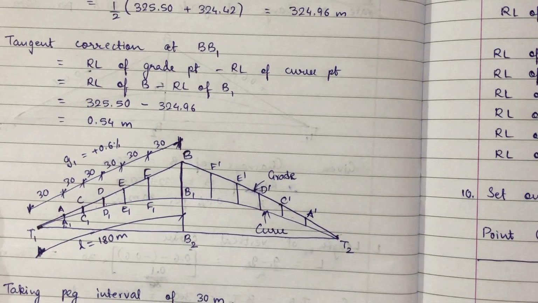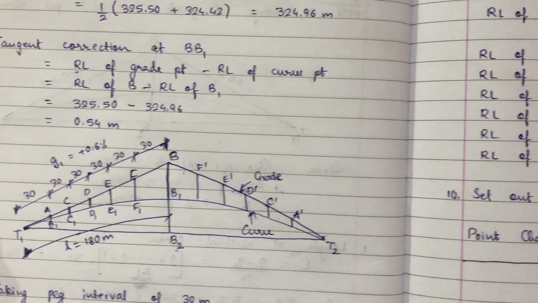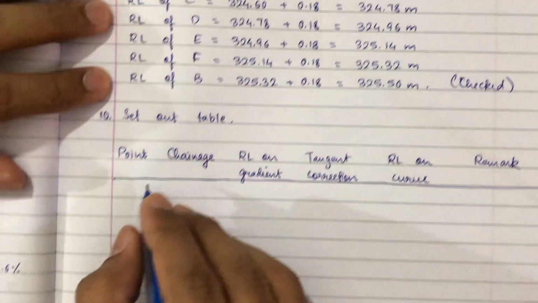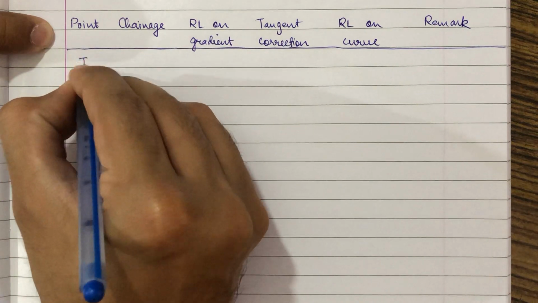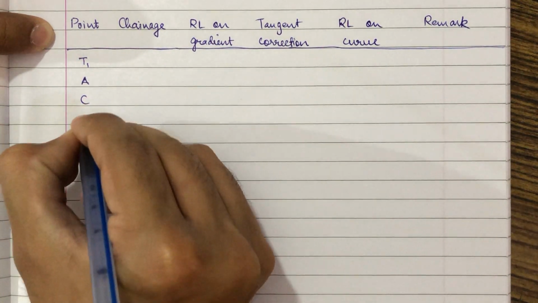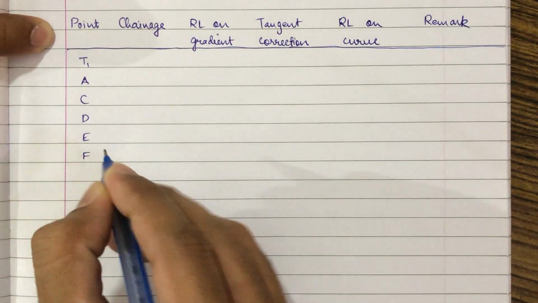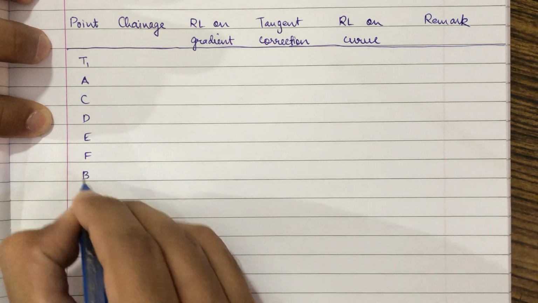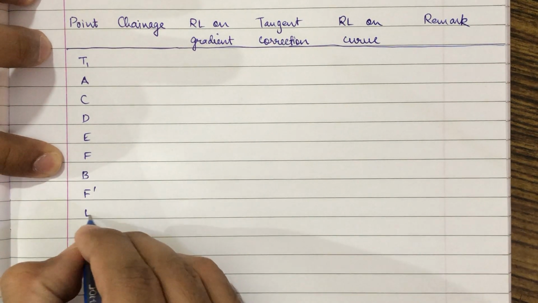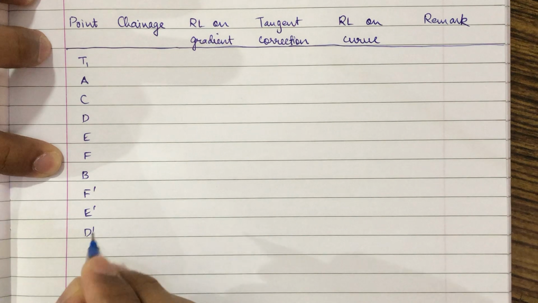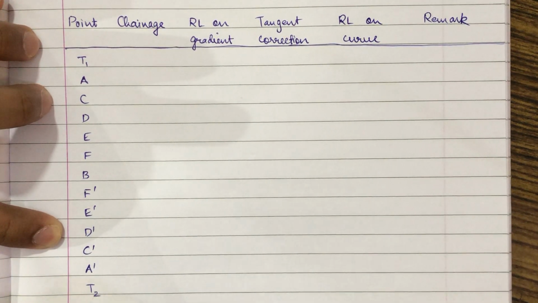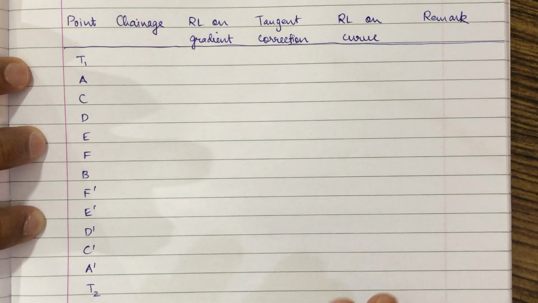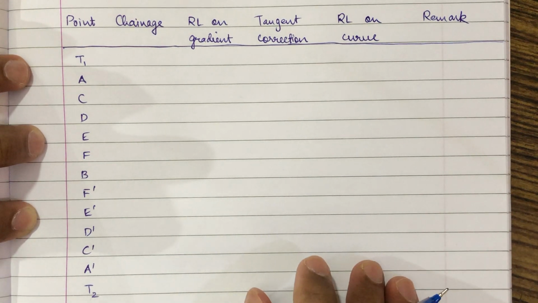So the points will be T1, A, C, D, E, F, B, F dash, E dash, D dash, C dash, A dash, and T2. These are the points.